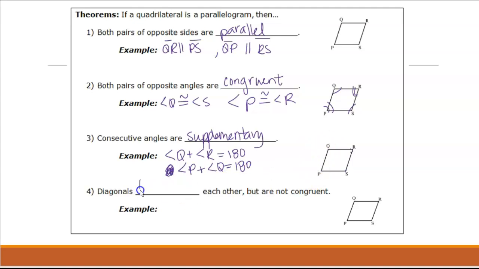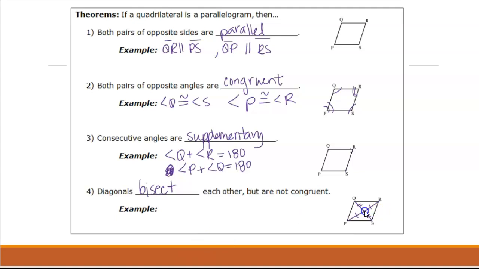And lastly, diagonals bisect each other, but they're not congruent. So we have a diagonal here and one here. They're not congruent unless it's a square, right? And they bisect. So that means the pieces are congruent. Bisect means they cut in half into two equal parts.